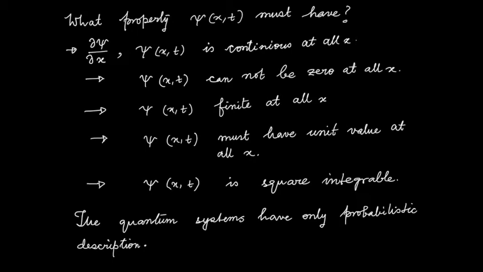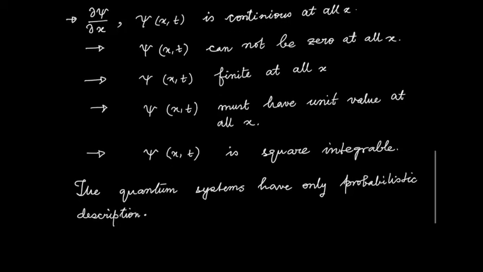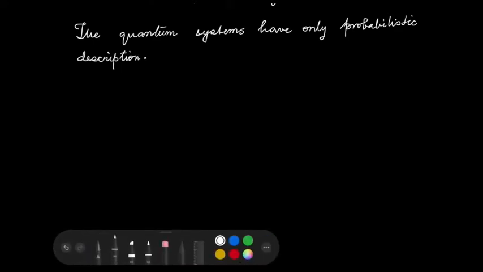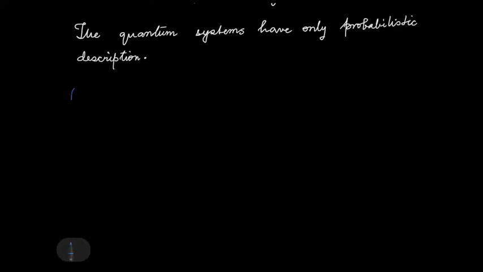Okay, so that is our postulate 1, and now we will move to the next postulate, which I call postulate 2. We'll come back to other discussions later. And this postulate is sometimes called the first quantization.